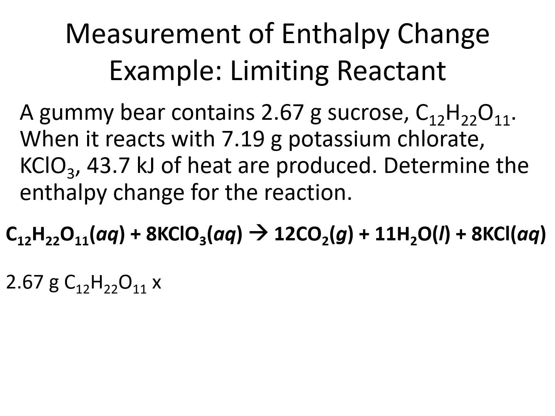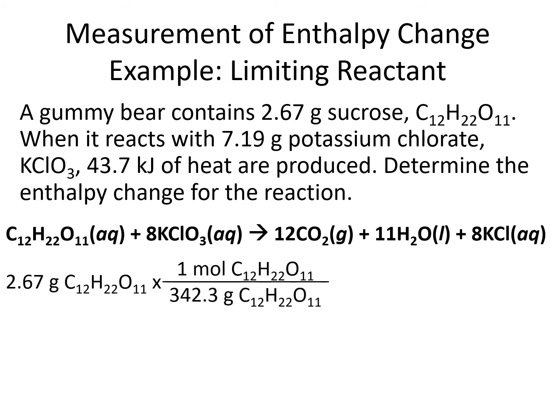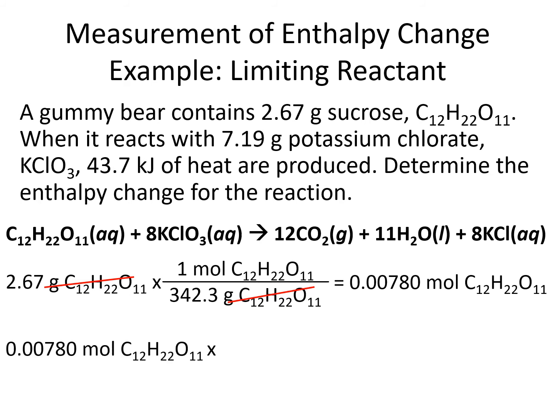So the first thing we're going to have to do is go from grams of sucrose to moles of sucrose by dividing by the molar mass of sucrose. Notice that grams cancels out with grams, and that molar mass always goes next to grams. So that gives us 0.00780 moles of sucrose.